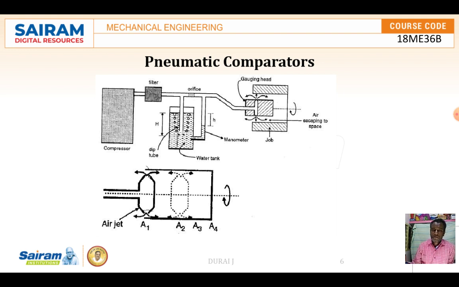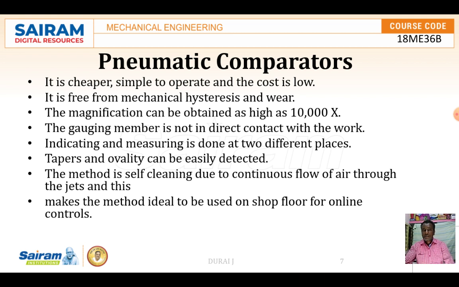So normally the pneumatic comparator is mainly used for checking cylinder bores. Okay, so for that it can be employed. Normally it is cheaper, and the magnification level is also high.